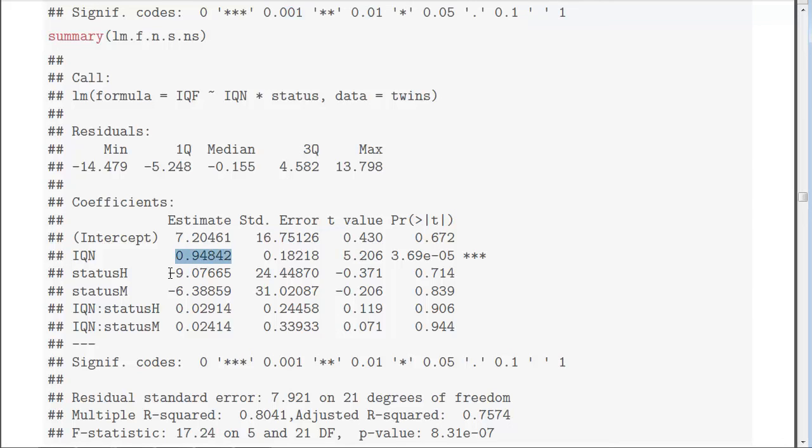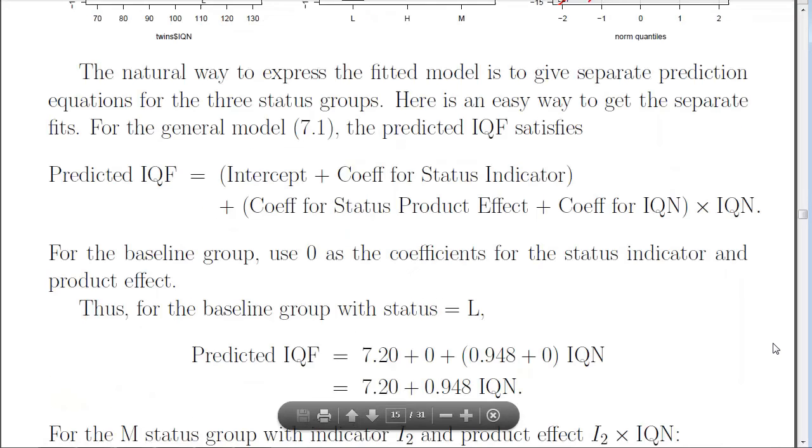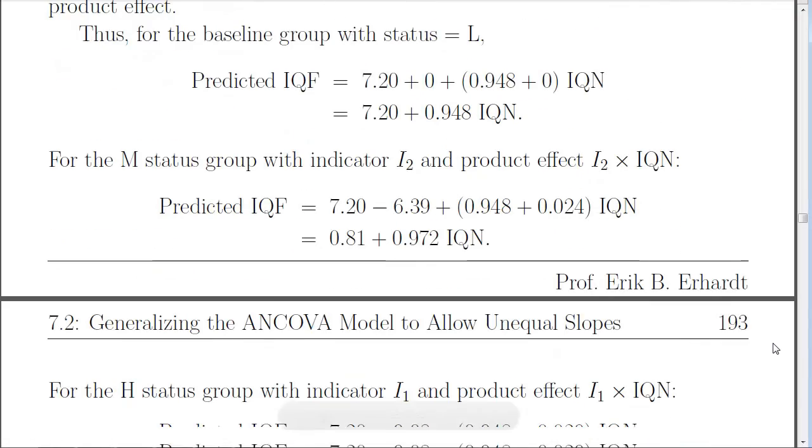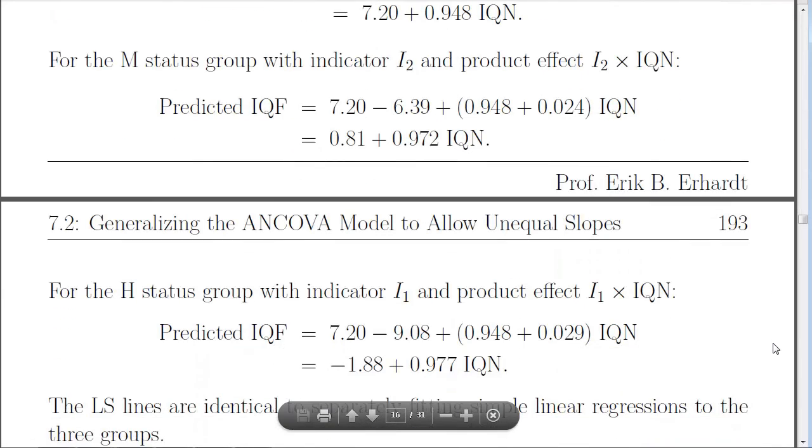Now in a moment, let's just lock in our minds the offsets for the high group, -9 and 0.029 for the intercept and slope offsets. So I'll page back down, and let's just jump to that one. Here's the baseline low group intercept and the offset, -9. And combining those, we get -1.8.